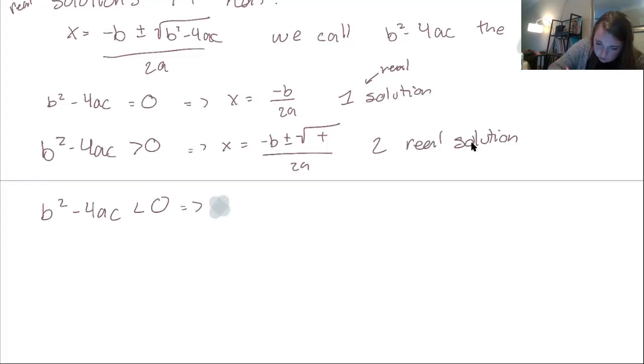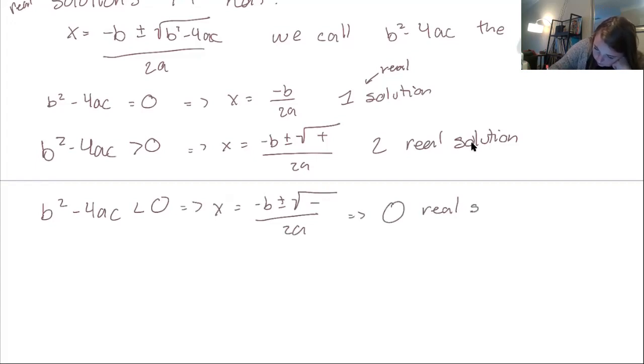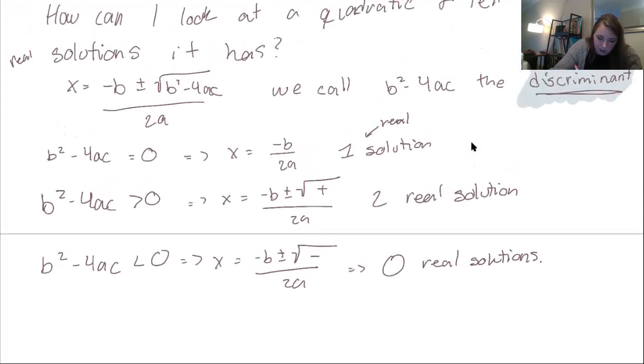Because I'll get x equal negative b plus or minus the square root of a negative number, which automatically tells me 0 real solutions or no real solutions. So I can easily ask you on the exam, how many real solutions does this quadratic have, without telling you what the solutions are. And you would do it with this rationale.